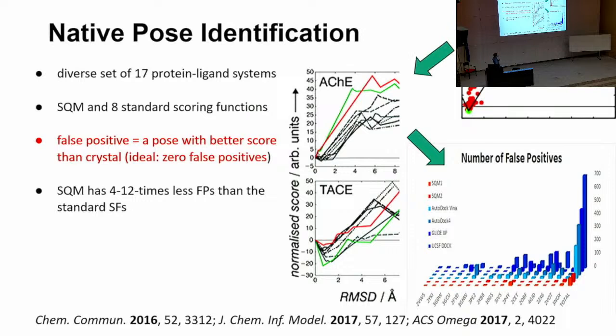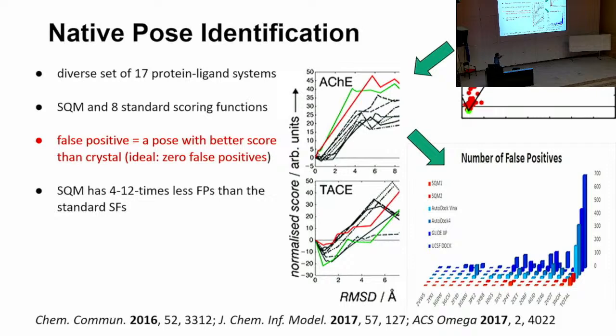But in other cases, like TACE, you can see the curves going down in many of the scoring functions, which means that there are poses farther in terms of RMSD which score better. This should not happen. This is the number of false positives.